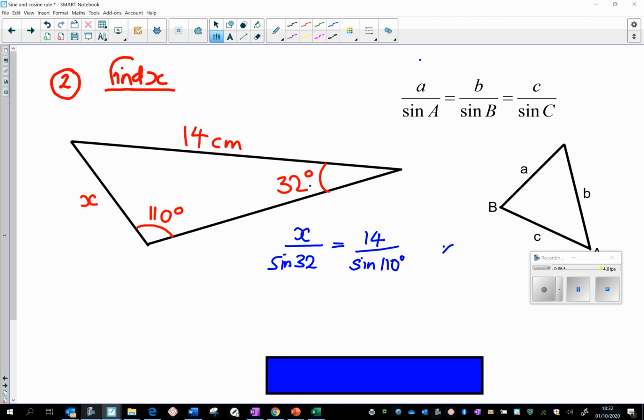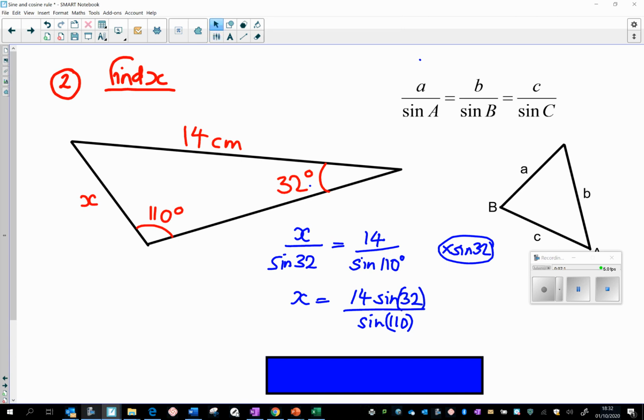So multiplying now by the bottom, so that's sine 32. We know that x is going to be 14 times sine 32 divided by sine 110. Okay, again, make sure on your calculator that you put brackets around these two.